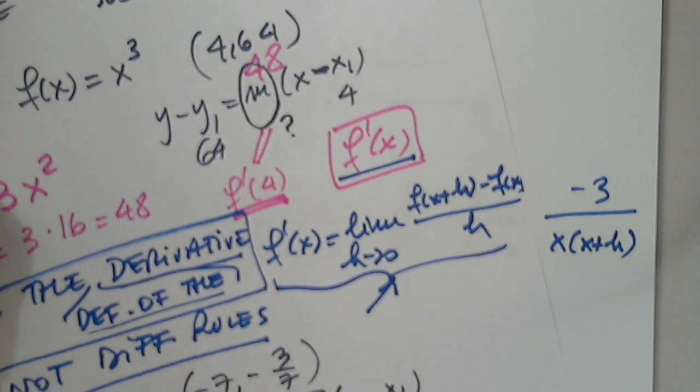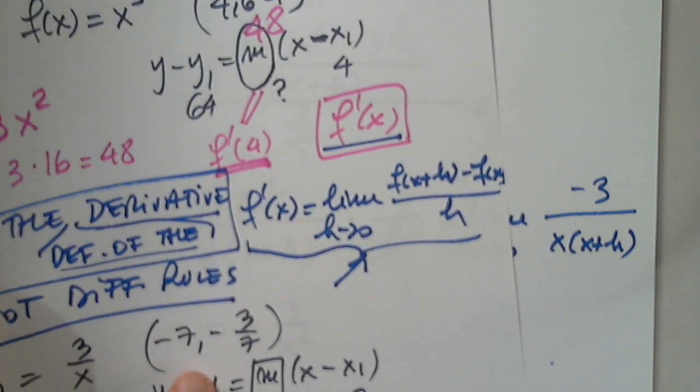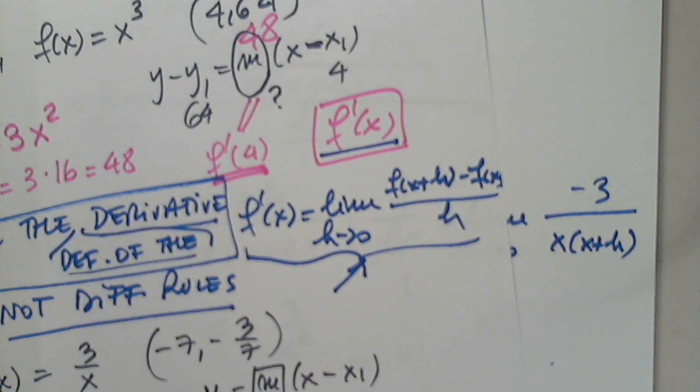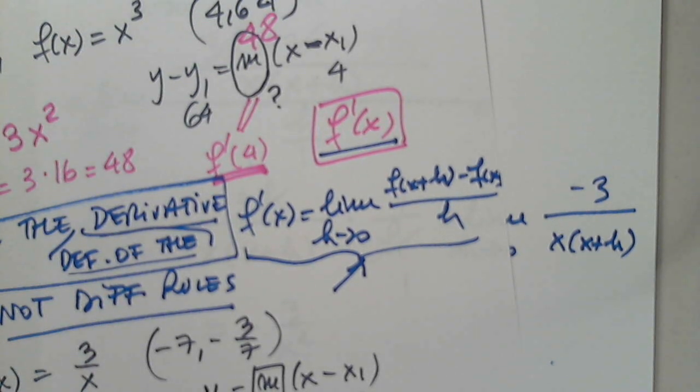And then, in order to determine the slope, you will have to plug in 7. So this slope is f prime of x evaluated, I should have said directly, f prime of 7. Okay? So you plug in 7 in f prime of x.